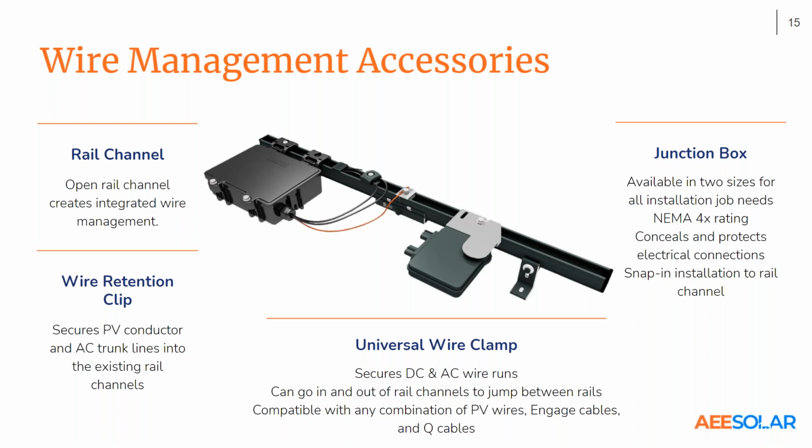You can do all of your wire management prior to laying down your modules. So then once you lay down your modules on the roof, you're just plugging them straight into your trunk cable and your microinverter. And we'll get to how that benefits with mapping, but we've got universal wire clamps that you can snap on before, so it's easy to transfer from rail to rail.